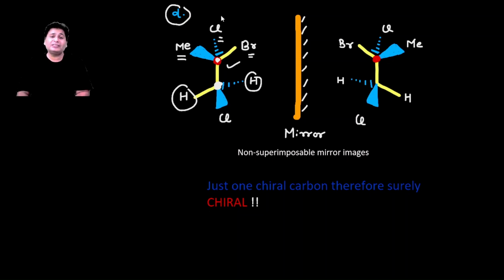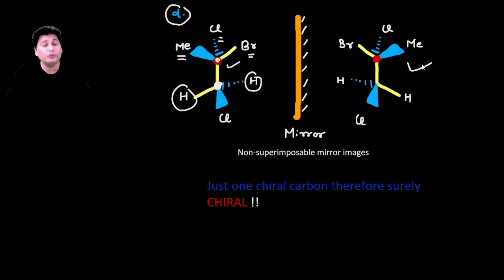So you have a compound in front of you that has just one chiral carbon, so you don't have to worry about this. Although I have made the mirror image, if you try to superimpose the 2 on each other, you will not be successful because both are chiral in nature.